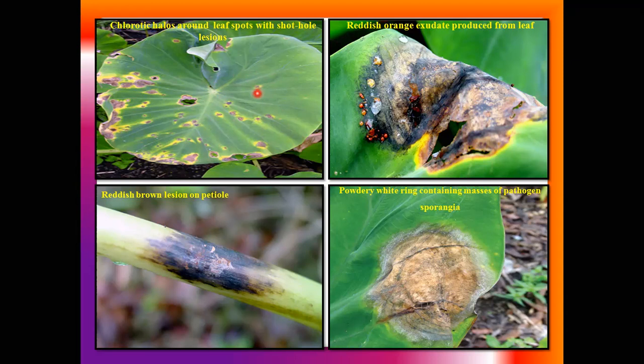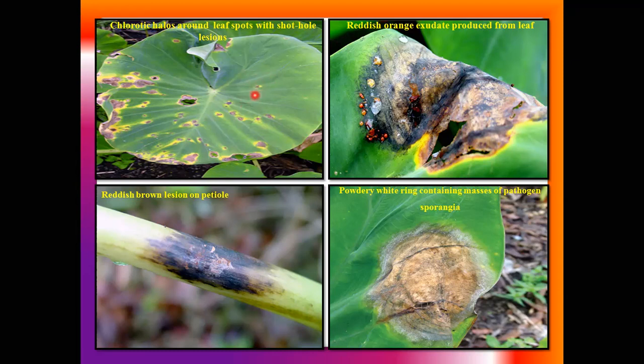Okay, but under favorable conditions, these small round spots increase in size in an irregular manner. These round spots become circular, oval, or maybe irregular in shape.